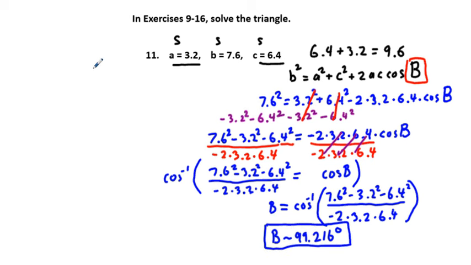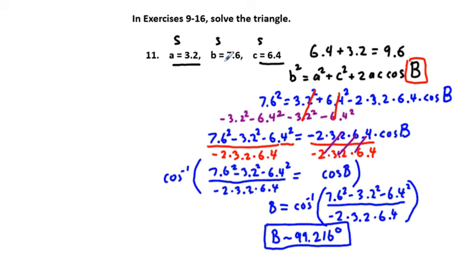Next, well, we can find our other angles by similarly using the law of cosines. We can find angle C, angle A, but probably using this type of solution method, the easier thing to do would be to use the law of sines.